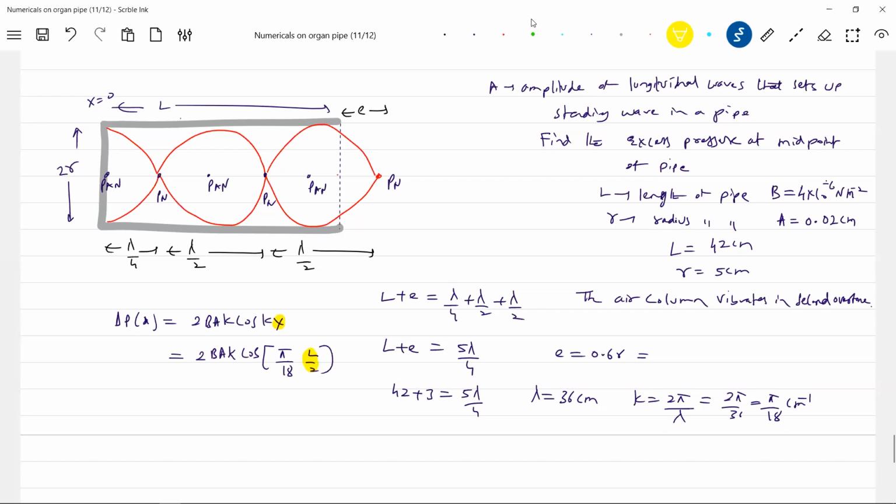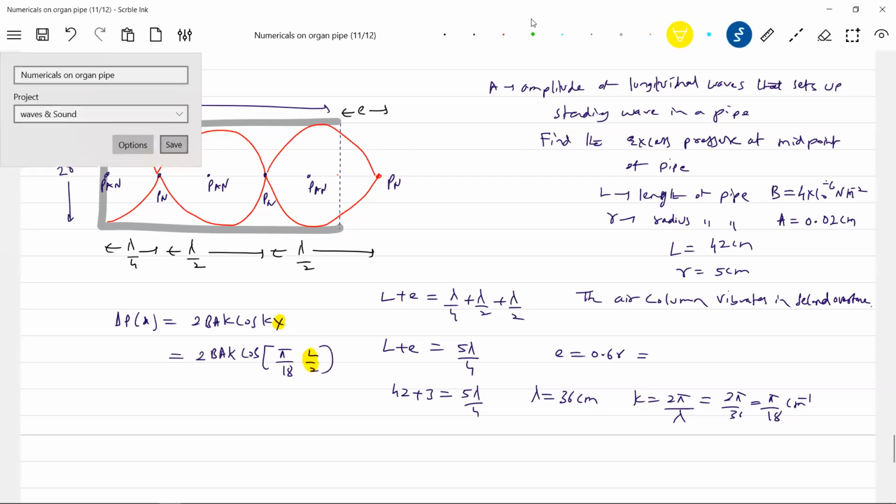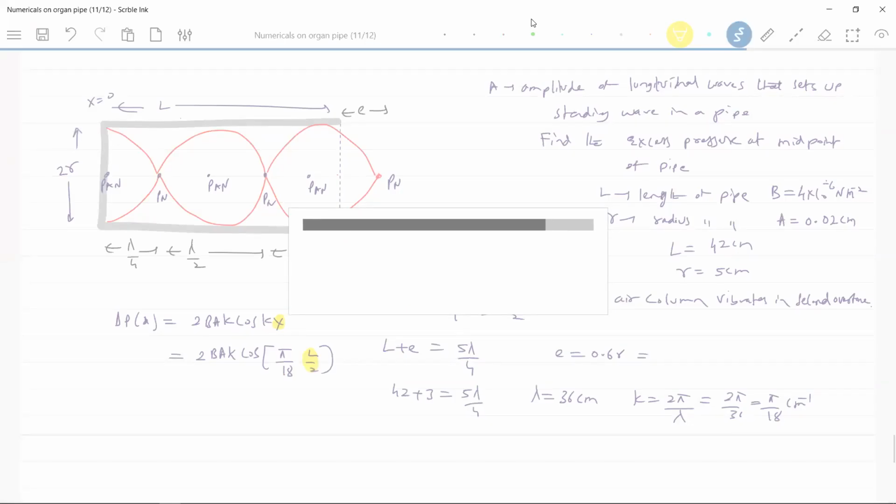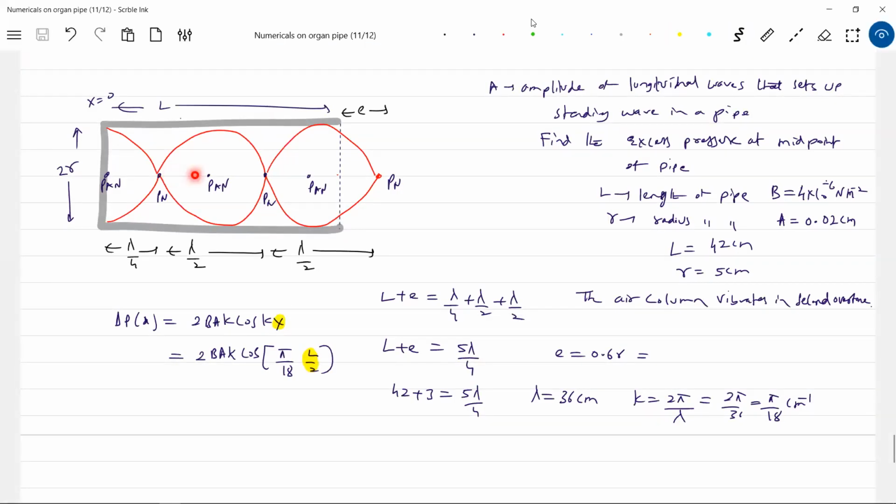These are the types of questions that will be there for you. So now we are in a better position. We can find out the pressure; if they ask you, it is P naught plus this value. So, sir, is he asking at L by 2? Definitely you can check it. So there's an antinode, and this is a node.